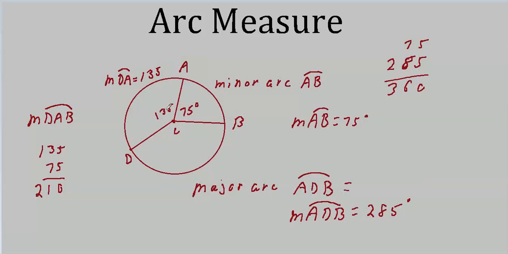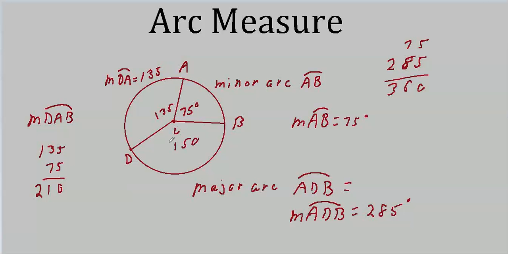Well, if we don't know what these two are separately, all we know is this big major arc is the major arc of DB. DB would be the smaller arc, and we measure it. Well, what's left over after we subtract DB from 360 is this. And that will also turn out to be 210 if this is 150.